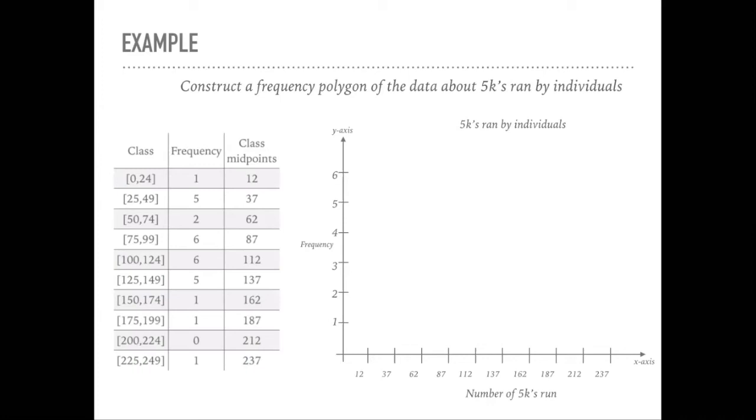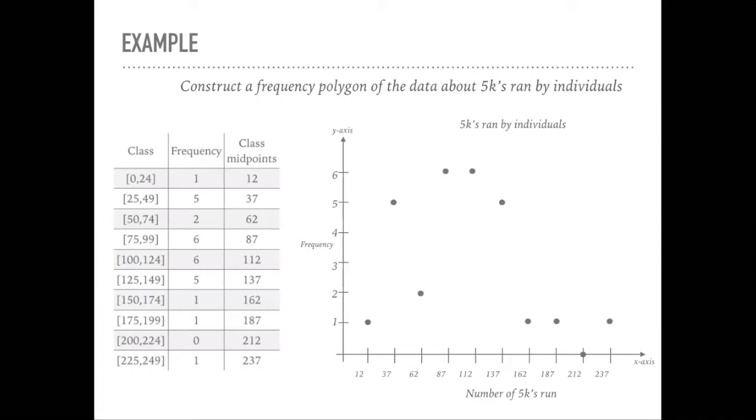Now above each midpoint, we are going to put a dot to represent the frequency. So above 12, we're going to be at frequency 1. And then we're at frequency 5, then 2, then 6, and 6, and 5, and 1, and 1, 0, and 1.